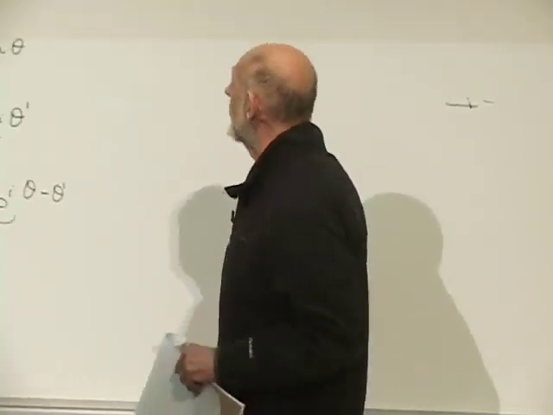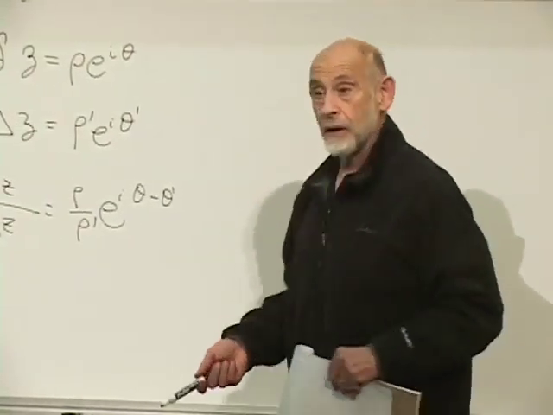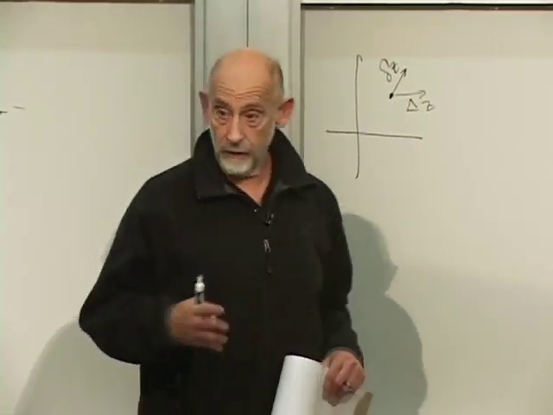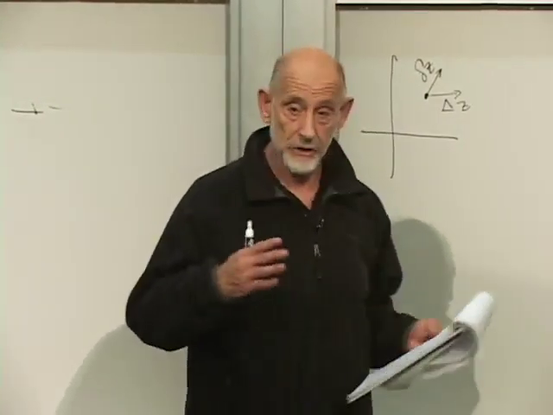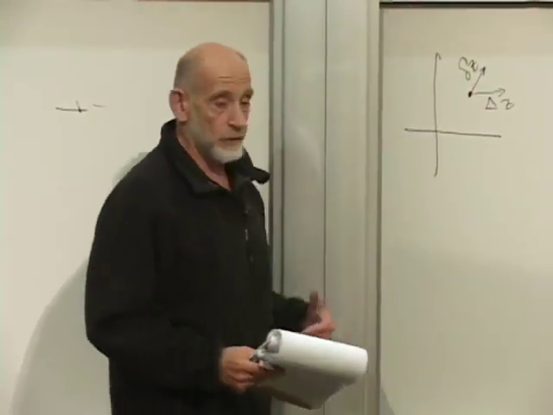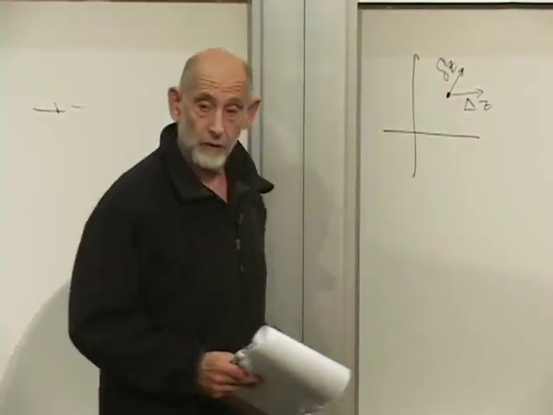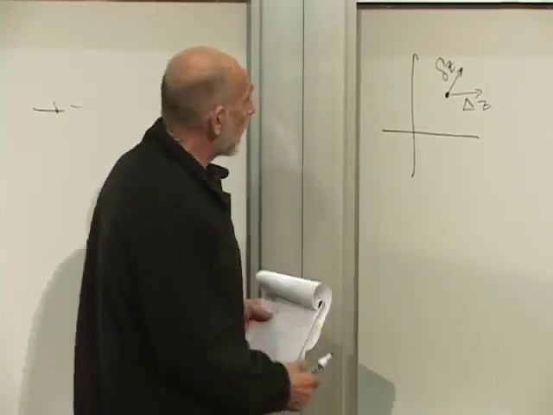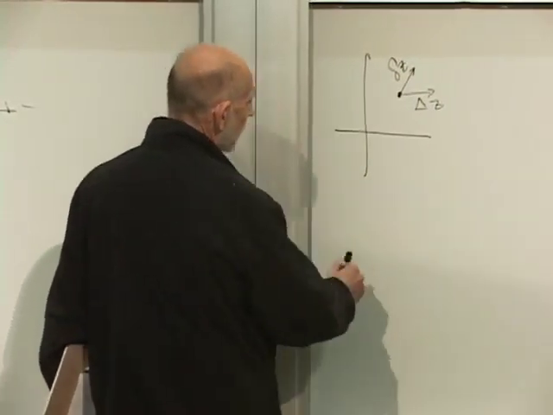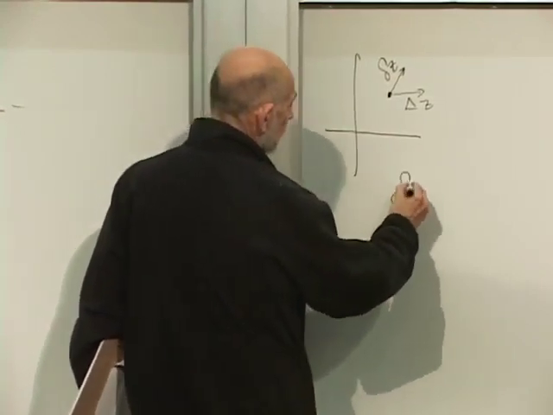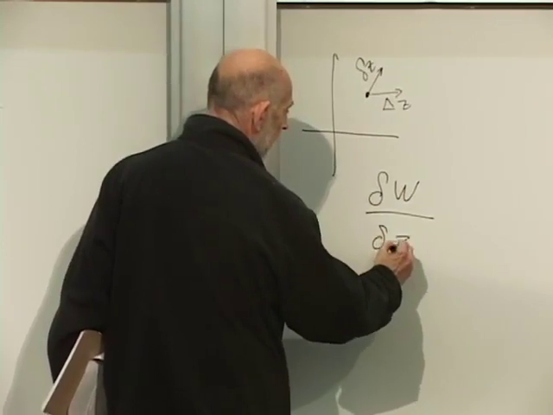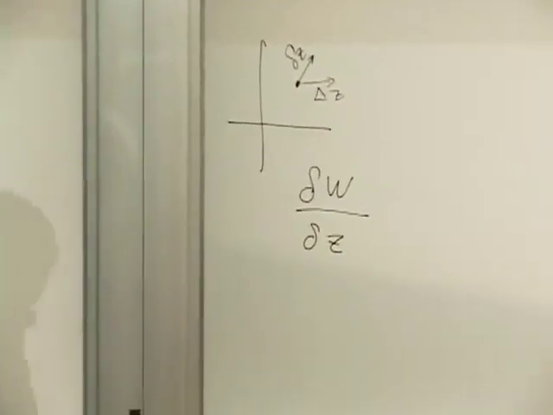Now what do we know, assuming it's an analytic mapping? In other words, assuming that the Cauchy-Riemann equations are satisfied, assuming that the function w is an analytic function. What we know is that the derivative is well defined and doesn't matter which direction you come in along. What is the derivative if I come in along the little delta direction? It's just delta w over delta z, right? That's the derivative.